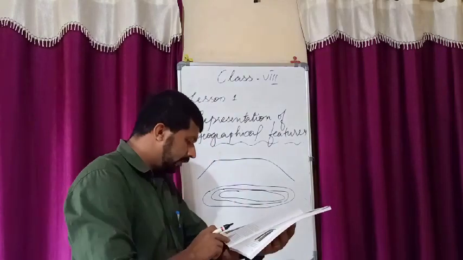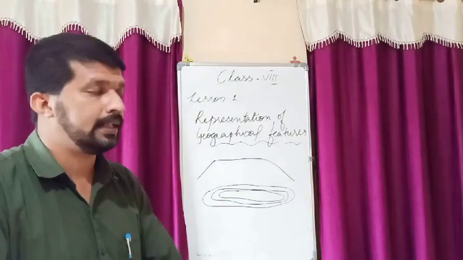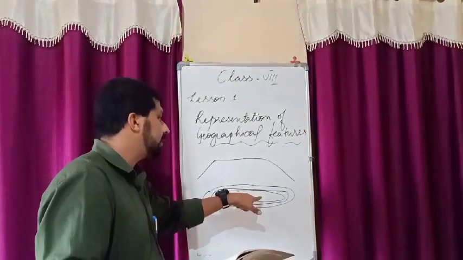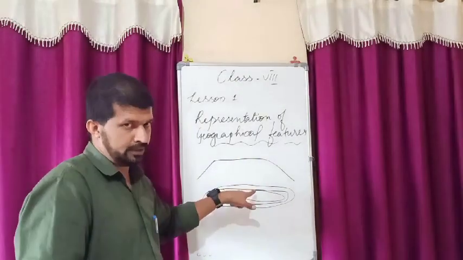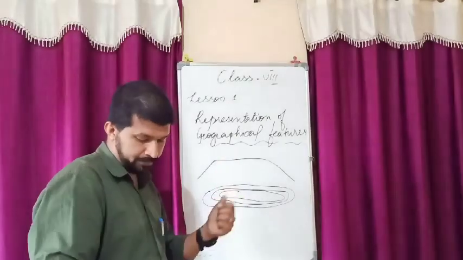The contours are drawn leaving a big gap in the center, indicating a flat top. Such a land feature can be identified as a plateau.